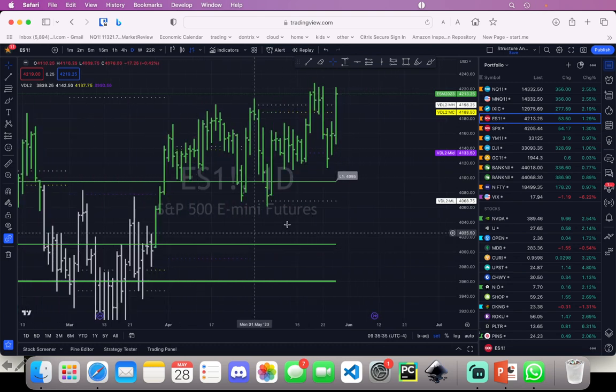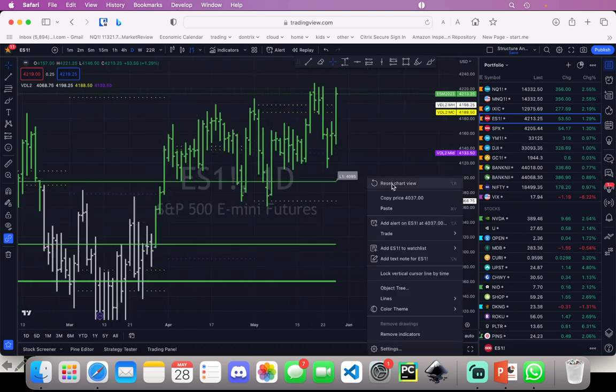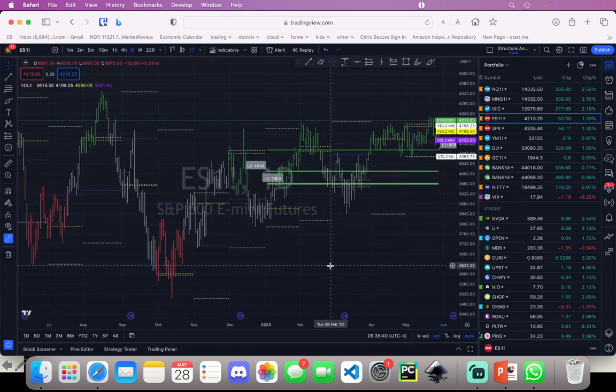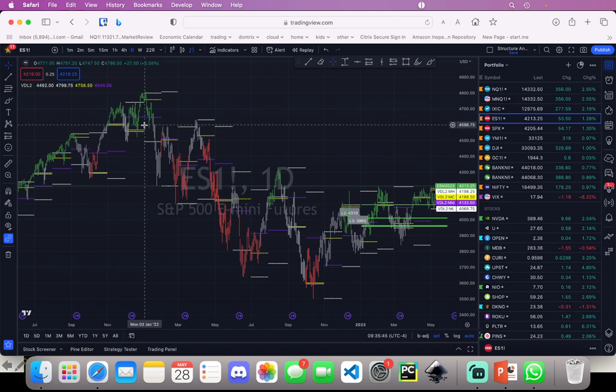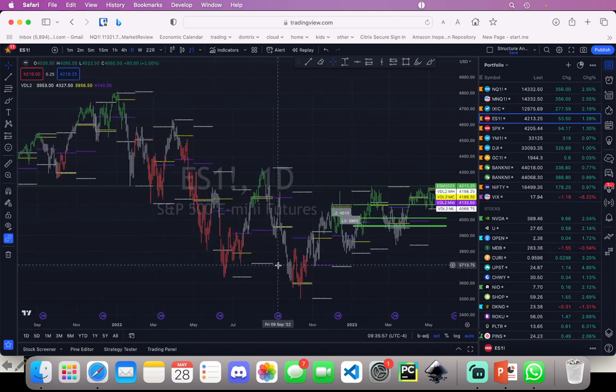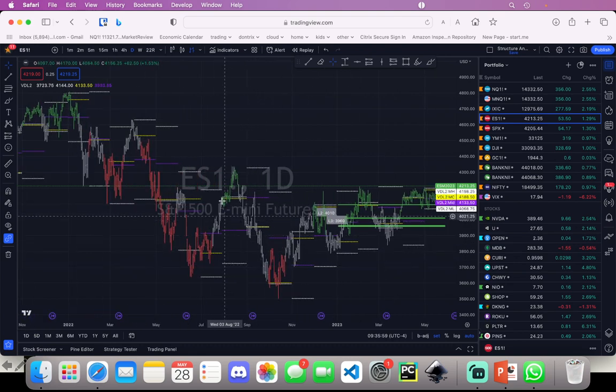One more thing is, if I just zoom it out, you see here, after the big move down from, I think, November 2021, S&P has tried to become bullish multiple times and failed.